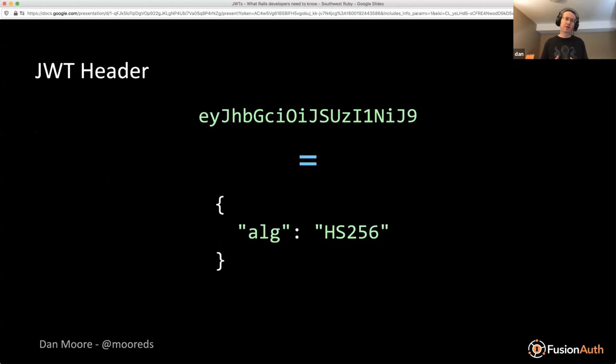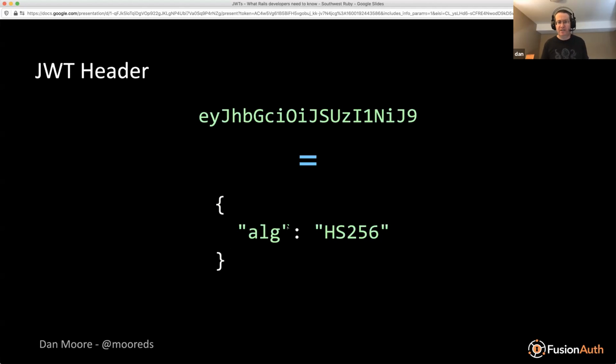So let's look at the header. The header, and these are just base64 encoded. So if you just Googled base64 online encoder and pasted in this value, you would get back this string. The header includes things like which algorithm was used to sign this, which key, if there are multiple keys that might work with it. And there are a couple of other claims that you can put into the header.